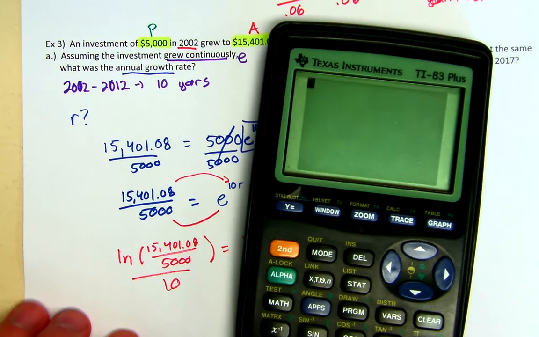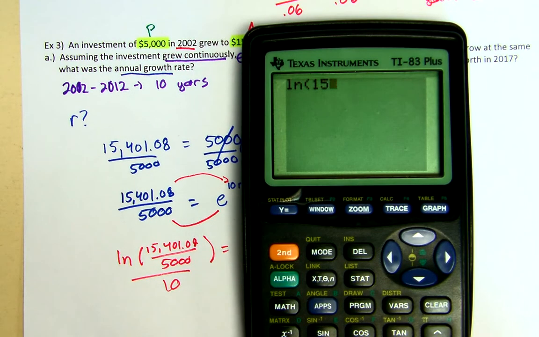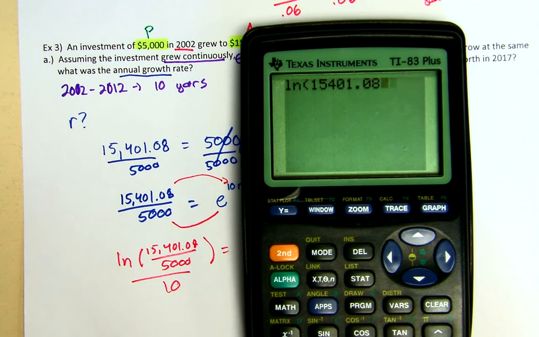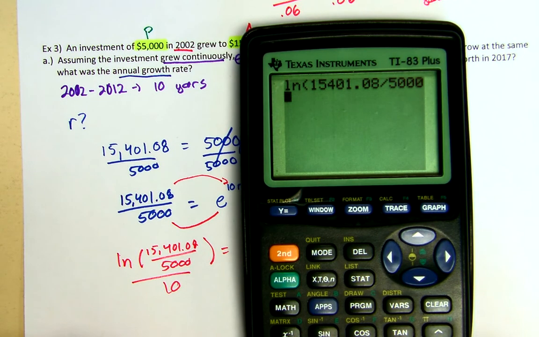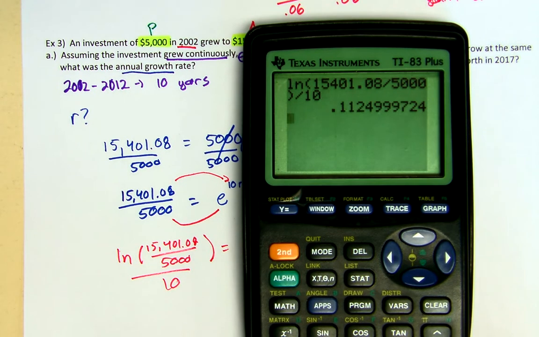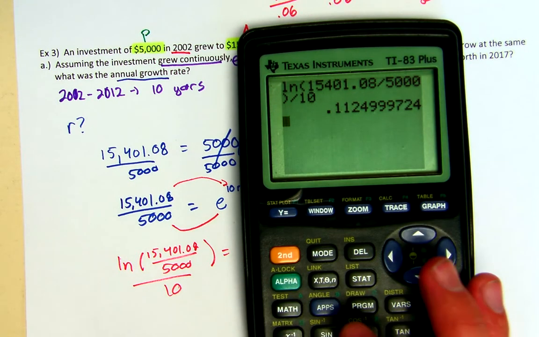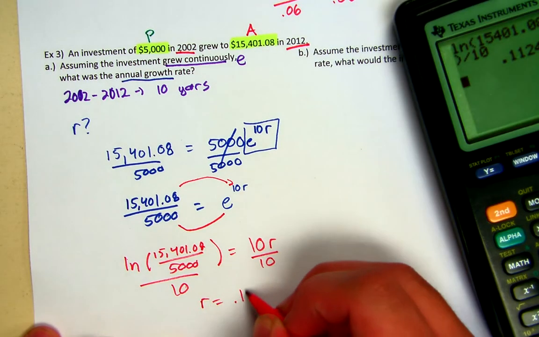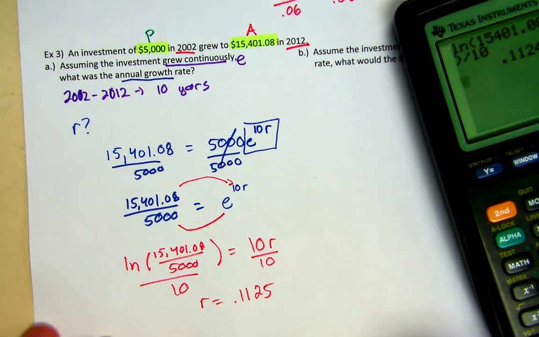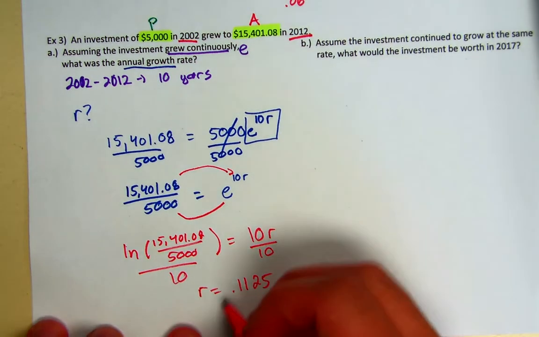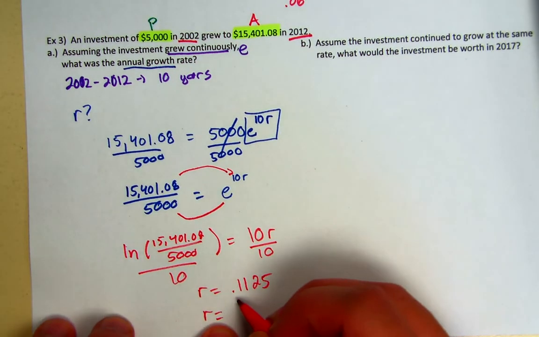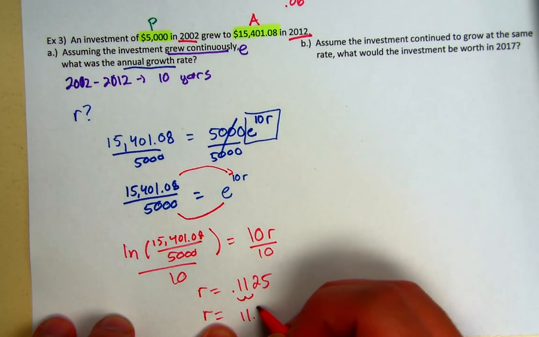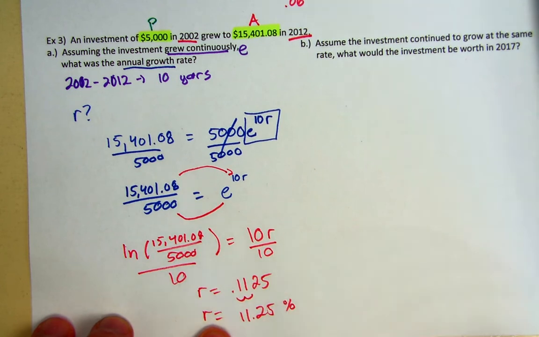So I need the natural log of 15401.08 divided by 5,000, and then that whole thing is being divided by 10. So make sure you close the parentheses first. So I get 0.1125. So R equals 0.1125. But since it's a rate, make sure you turn it into a percentage. So 11.25%.